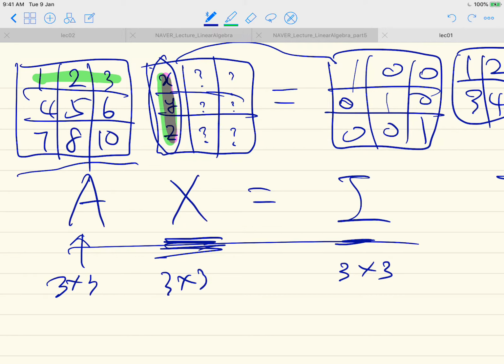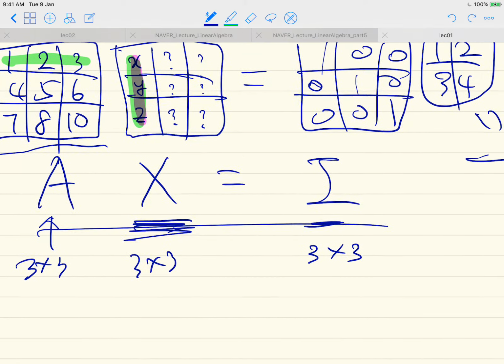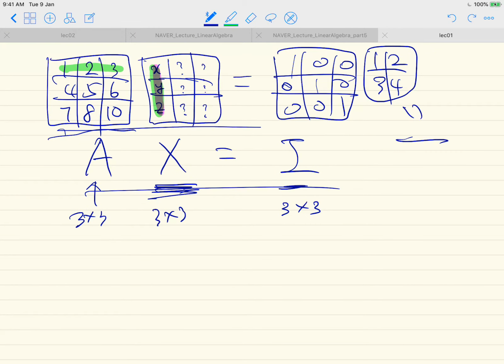So if we generalize this, we can decompose this equation, where both the matrix and the variable are matrices. That seems quite complicated, but it can be independently decomposed into three different linear systems, or three different sets of equations.